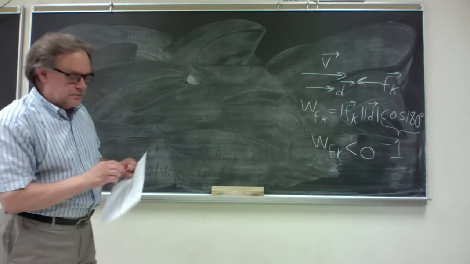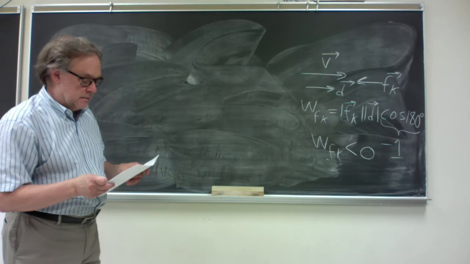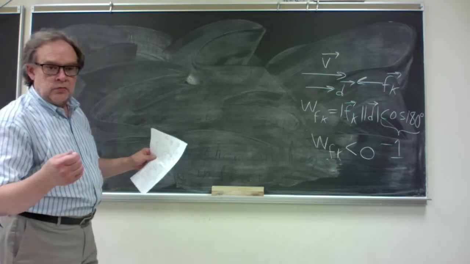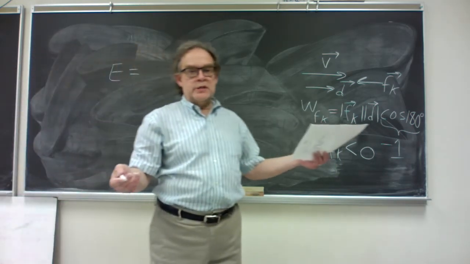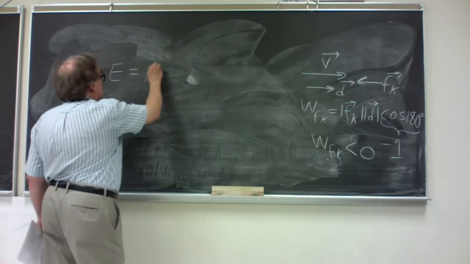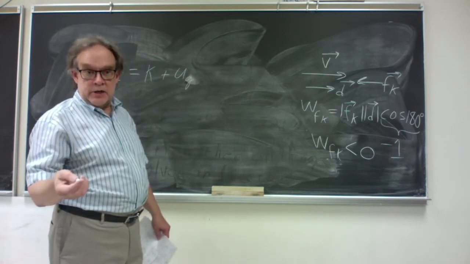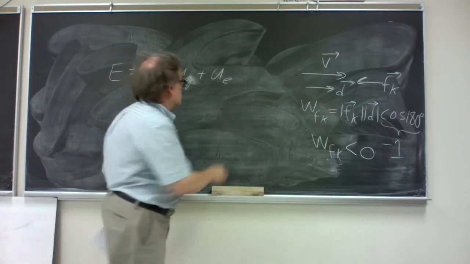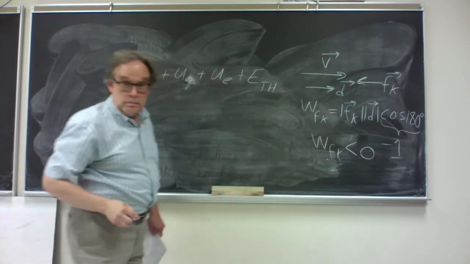Let's look at one particularly simple kind of oscillating system. So the total energy of a system, for our purposes, we say there are four kinds of energy that contribute to the total energy of a system. Kinetic, and then gravitational potential energy, and then another kind of potential energy, elastic potential energy, and then thermal.